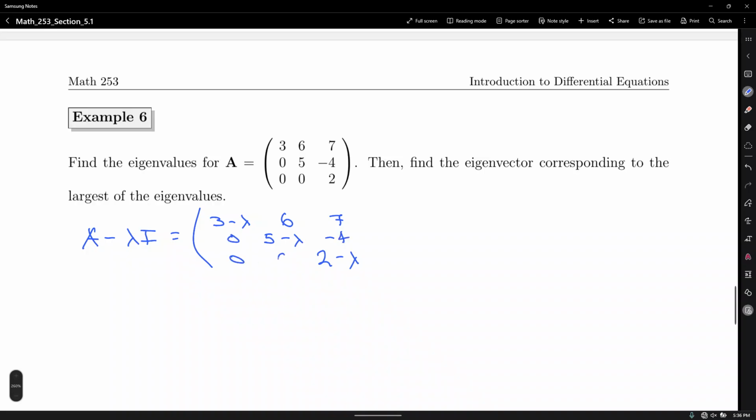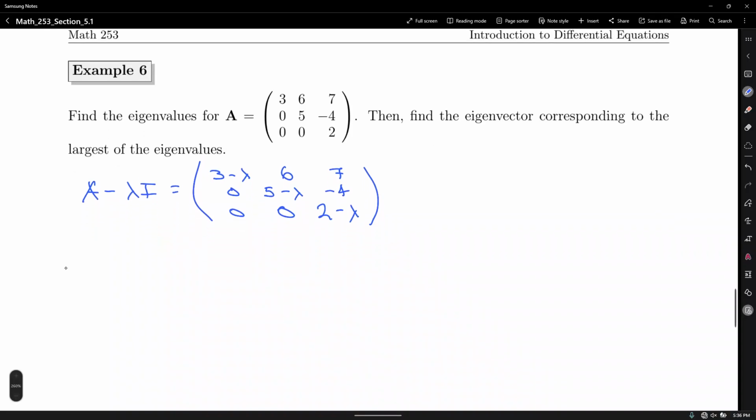We don't do anything to them. All right? Now, to find the eigenvalues, what do we do? Write the determinant of this and set it equal to 0. That gives us the characteristic equation, which is the equation that will give us the eigenvalues.